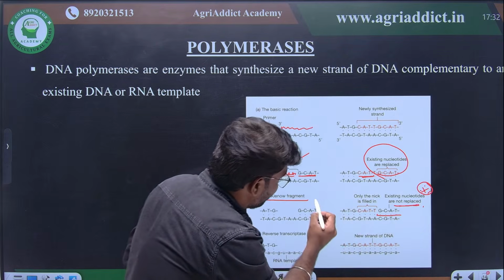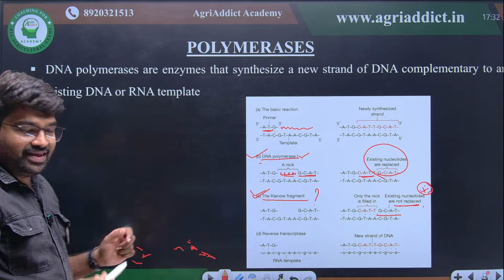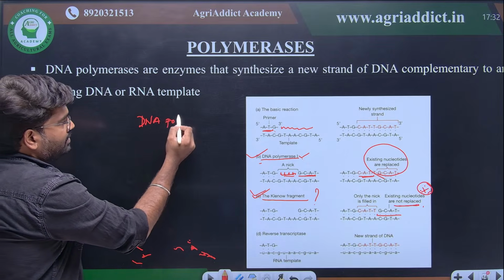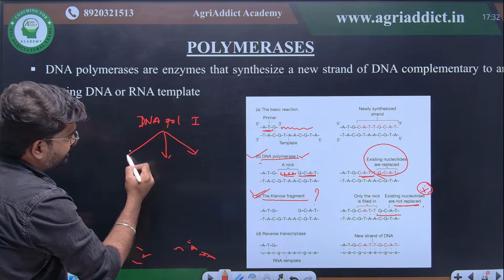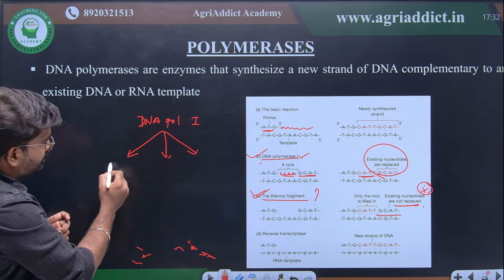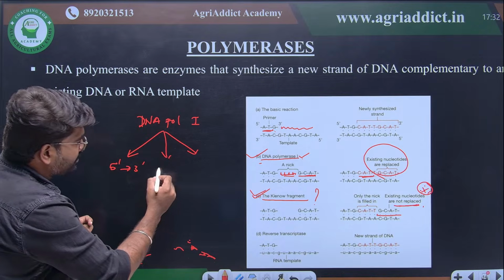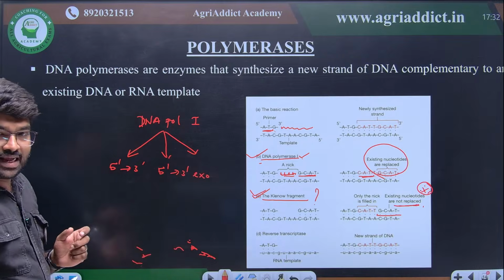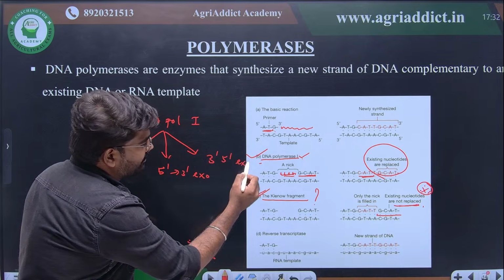Clear? Why is it not replacing? That also we have to know. If you see DNA polymerase 1, it will have three different activities. We already know 5' to 3' polymerase activity will be there, 5' to 3' exonuclease activity will be there, and 3' to 5' exonuclease activity will be there.